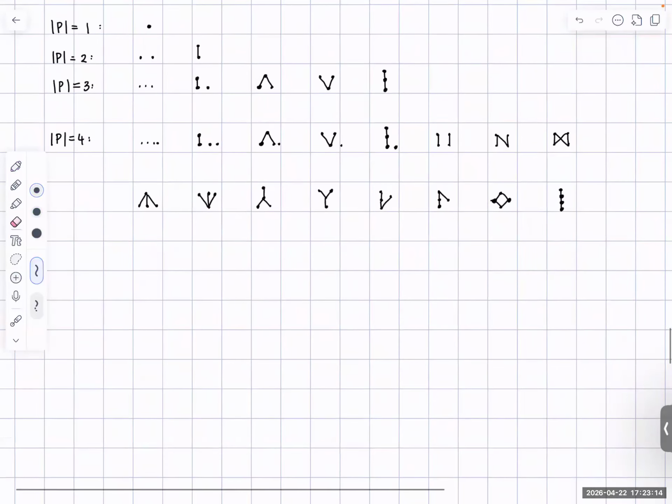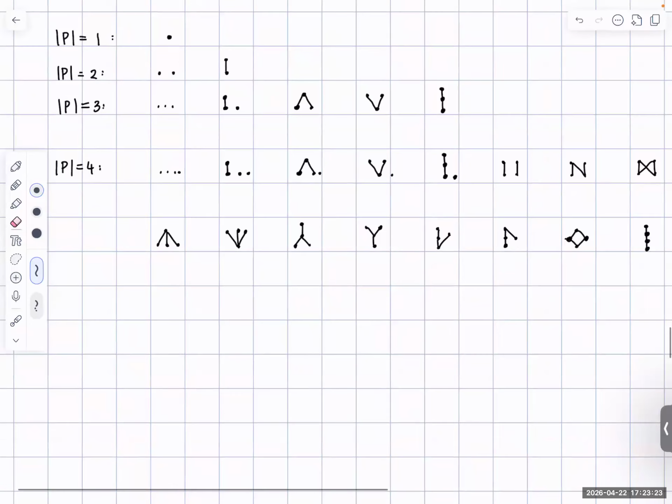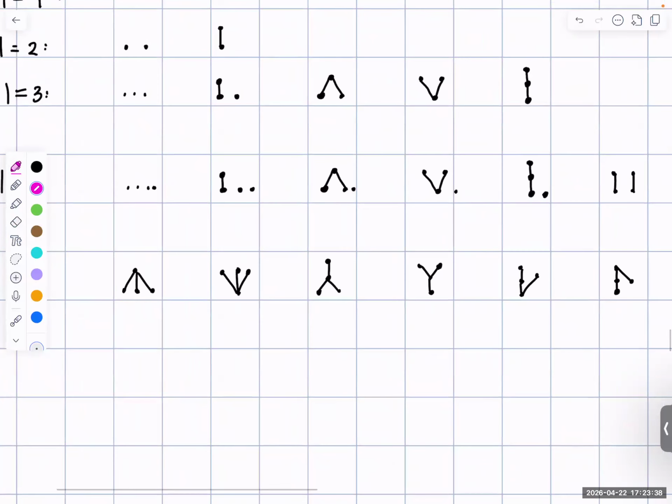If you identify all of the diagrams with their duals, is that just looking at graphs? If you say something and its dual are the same, is that just the same as looking at the graph structure? If you are looking at graphs, if it's not a directed graph, then they are the same thing. But actually, all the Hasse diagrams are secretly directed graphs, because we can think of all these edges as going up. So if I draw it like this, then it's not the same as this guy.